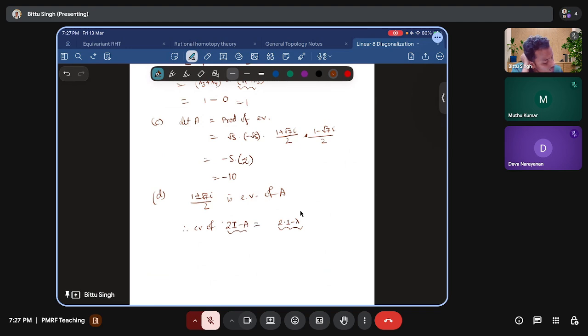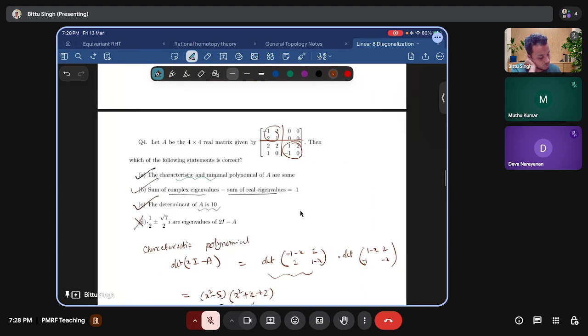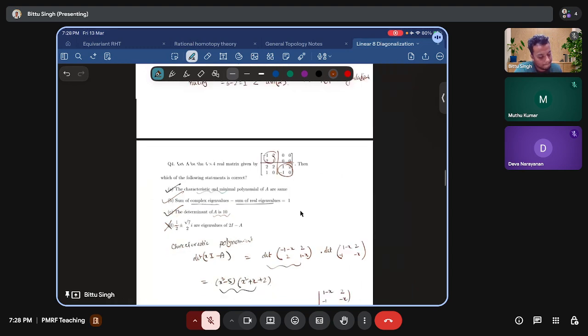So those eigenvalues are 2 minus lambda. So 2 minus 1 plus minus root 7i by 2 will give me 3, plus minus is minus plus, so that is the same actually, root 7i by 2. So this option is not true, we are getting 3 here instead of 1.